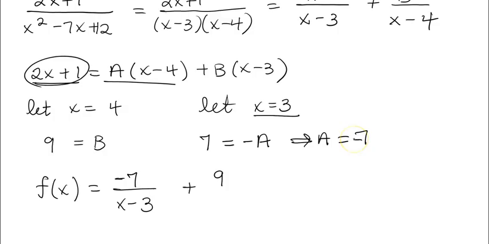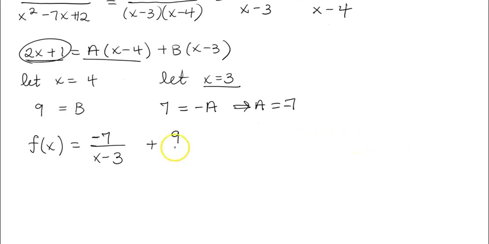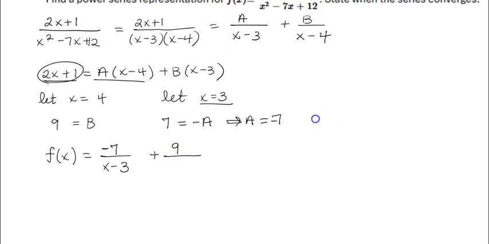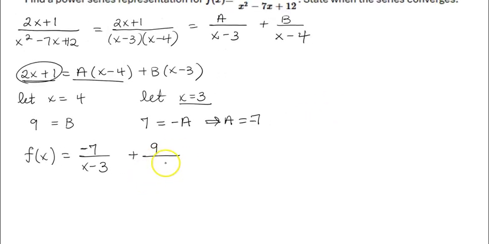So a is equal to negative 7, because we have to multiply both sides by negative 1 to solve for a. So we have negative 7 over x minus 3, and then for b, we have 9 over x minus 4. So now we have decomposed that rational expression so that now we have 2 rational functions being added together, and they both have linear denominators.